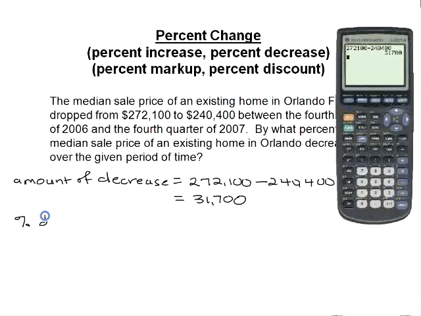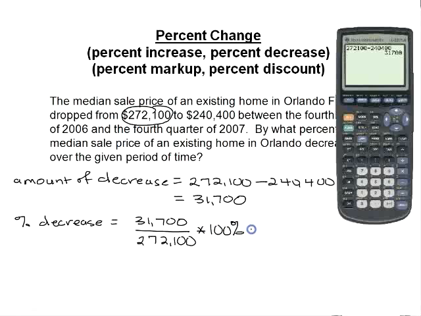Now let's find the percent decrease. It's the amount of decrease, $31,700, divided by the original price of the home, $272,100, and then we'll multiply that by 100 so we can tack on a percent symbol. And we'll have to round. Let's see what we have.